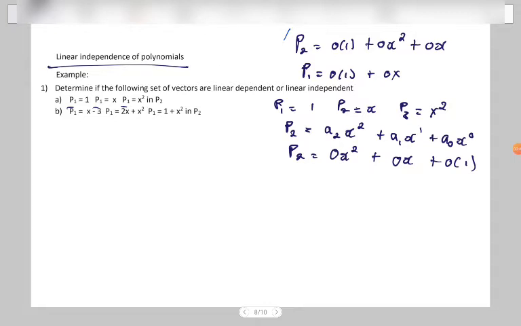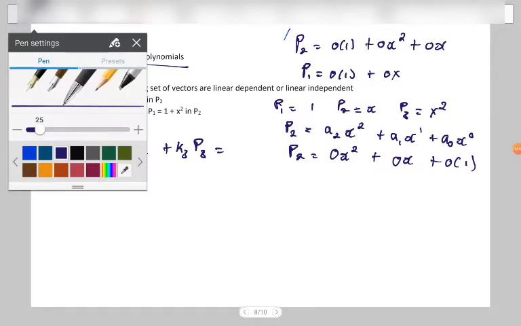We say that k1 multiplied by p1 plus k2 multiplied by p2 plus k3 multiplied by p3 is equal to, since they're set in P2, 1 plus 0x plus 0x squared.